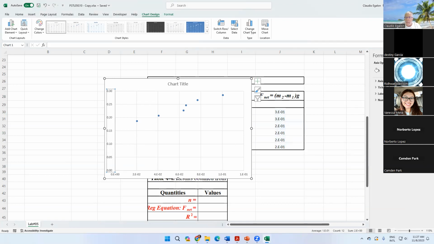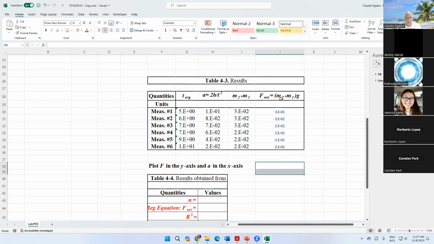Professor, can you plot the graph one more time? Yeah, please. You highlight the net force here, and then you highlight the acceleration. Insert. But mine is not linear. There's a little trick here. First you highlight this one.